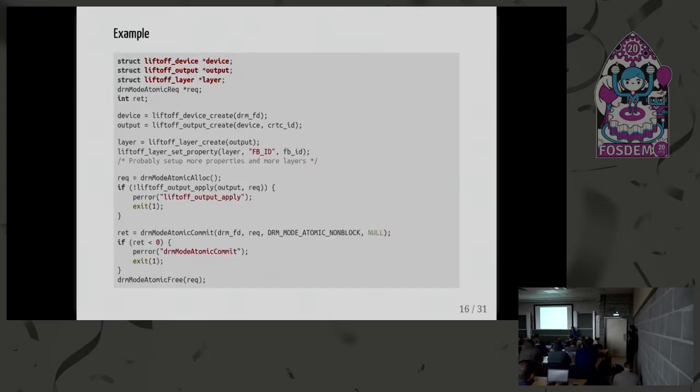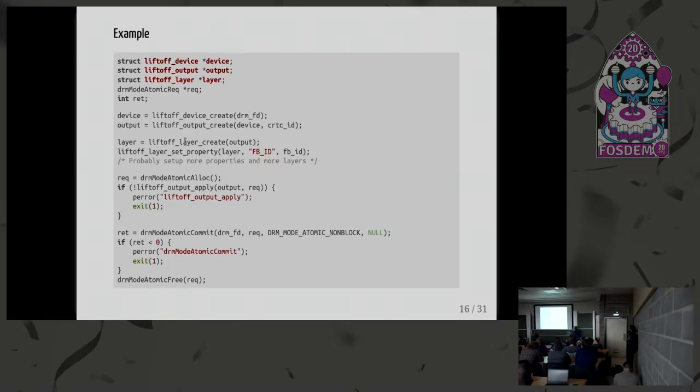So let's see a very basic example. It's a pretty simple API. For each GPU, you can create a libliftoff device. And then for each device, you have a bunch of outputs. You can create a libliftoff output.